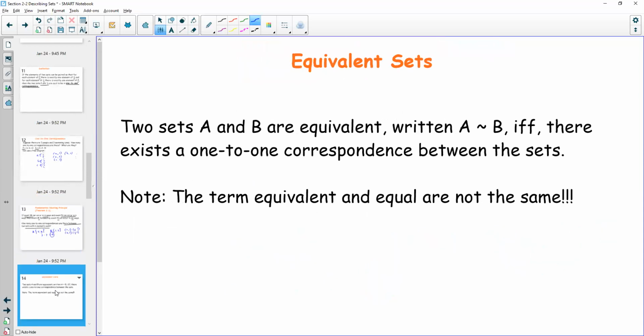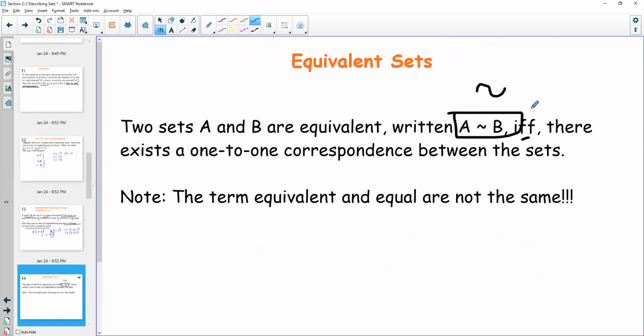All right. Now, before we talked about equal sets. Equal sets and equivalent sets are not the same, okay? 2 sets are equivalent, and this is how we write equivalent right here. The symbol for equivalence is this.